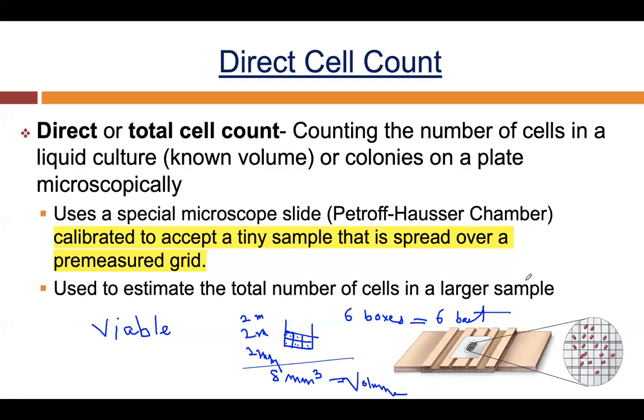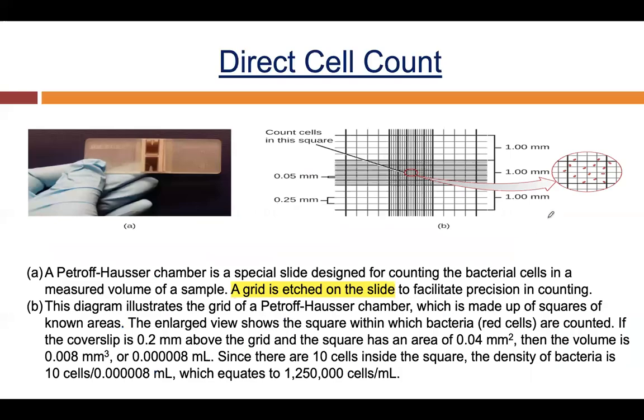Sometimes it's only dirt, but it looks like bacteria. All those things can happen. So it's not an exact count, but it's pretty close. That's why it's a direct count. So that's the math.